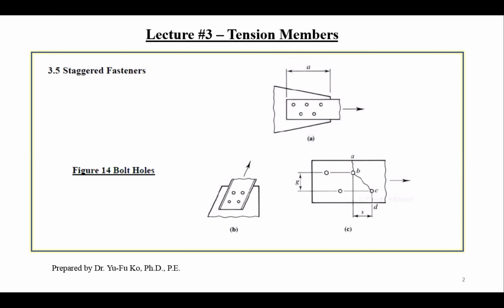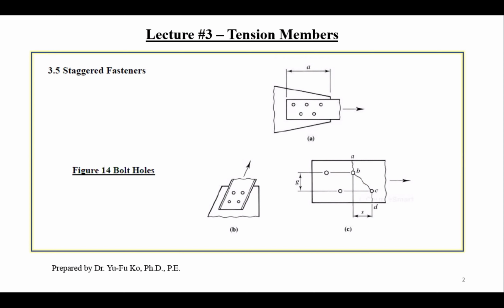Are those minimum distances determined from the sizes of the bolts? Yes, of course. Sizes of the bolts, the types of the bolts, and the thickness of the plate, etc. They have a lot of considerations in Chapter J, connections. But this is not your concern in Chapter 3.